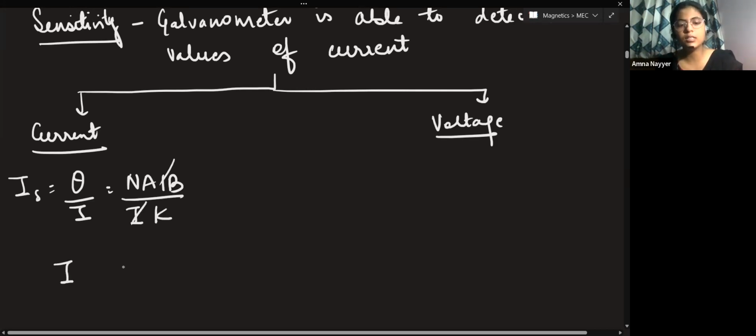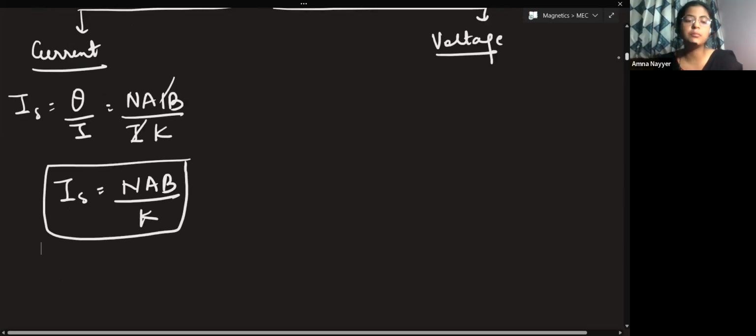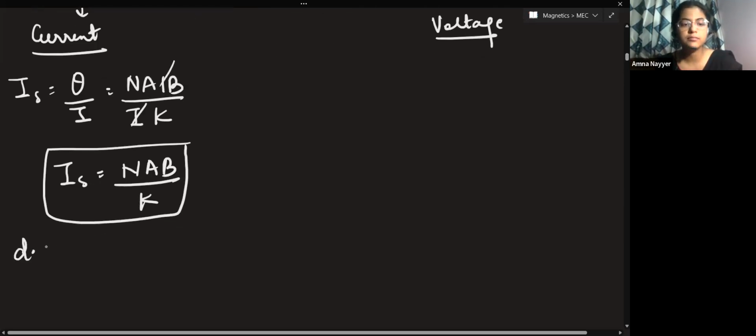Current sensitivity is NAB divided by K. So basically current sensitivity is deflection per unit current. Easy, clear? You will be able to learn this, because this is not a long derivation that it can come in your derivations. So you will be able to do it.